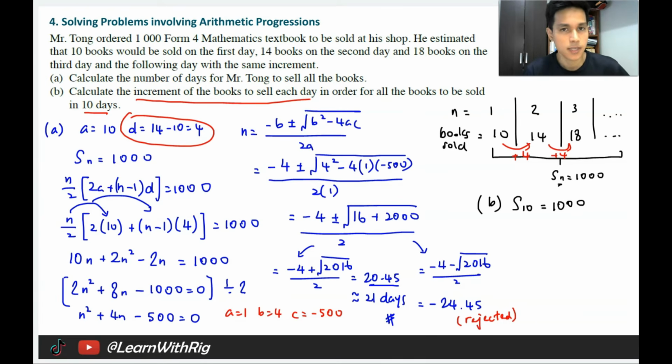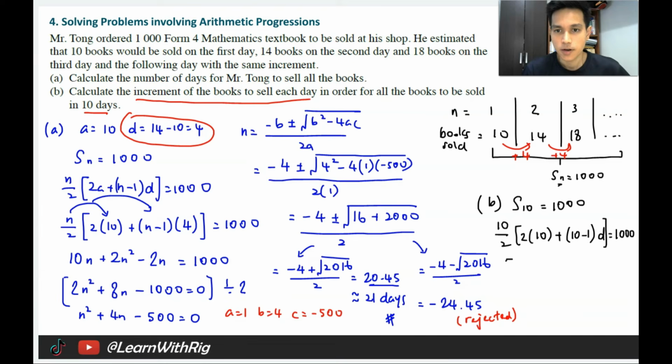So your n value is 10 days. So you're going to use your formula again, n over 2 times 2a, so it's 10 over 2 times 2a. a is the same, which is 10 books, plus (10 minus 1) times d. You don't know what's the D value, equivalent to 1000.